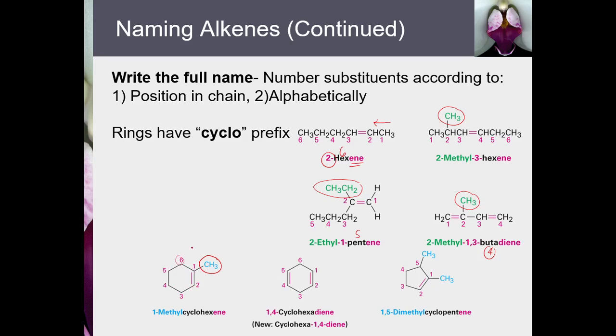We have 6 carbons, so that's hex. Since it's a ring structure, you use the prefix cyclo, so it's cyclohex. Then since you have a double bond, it will be "-ene". So cyclohexene.